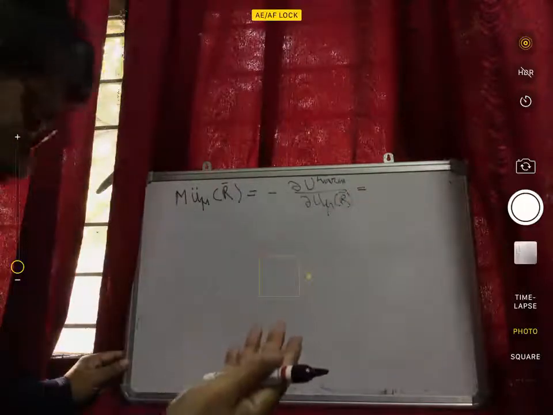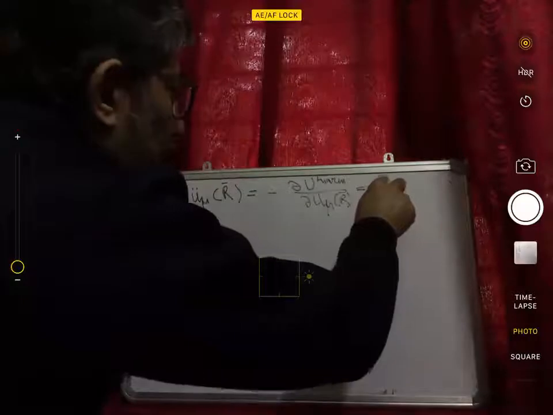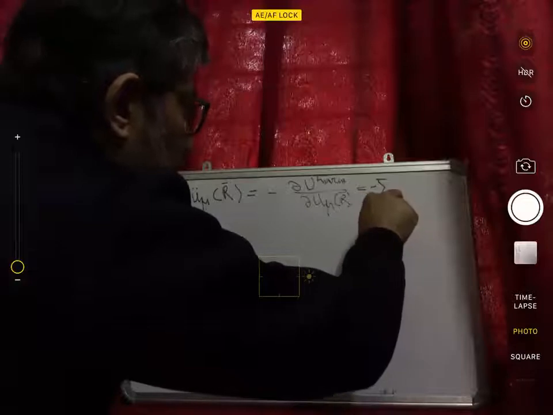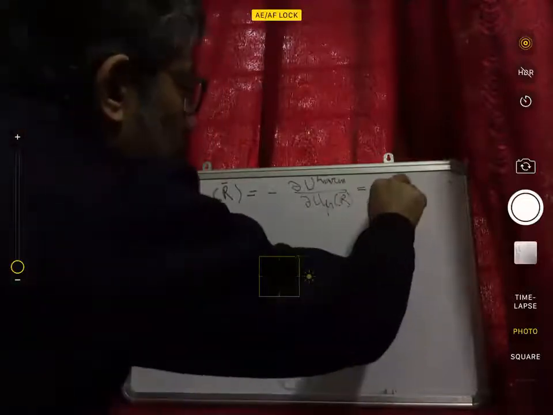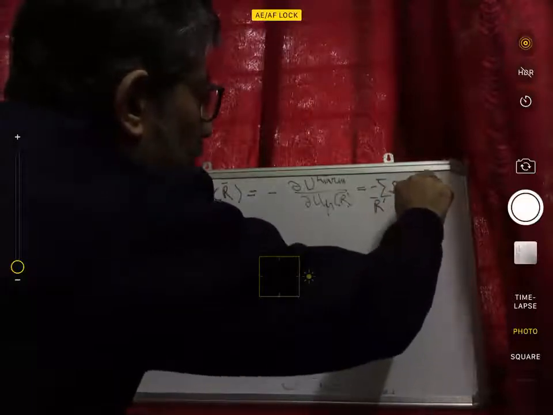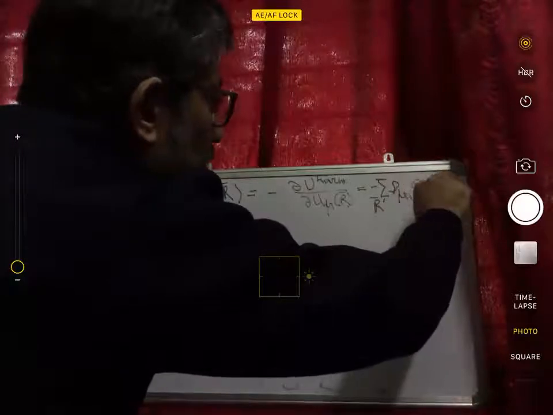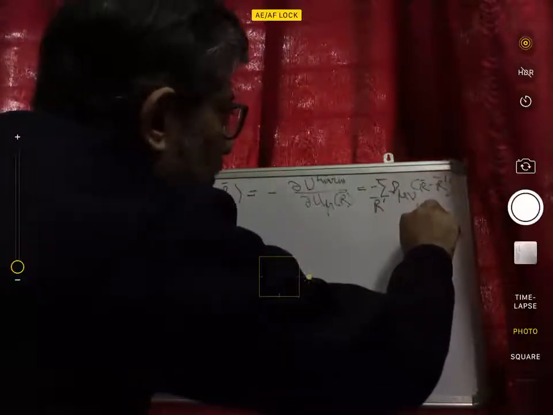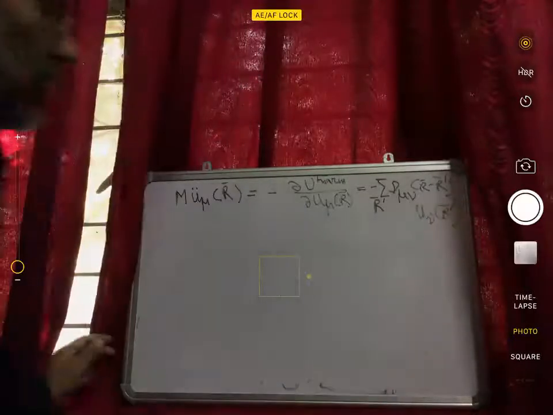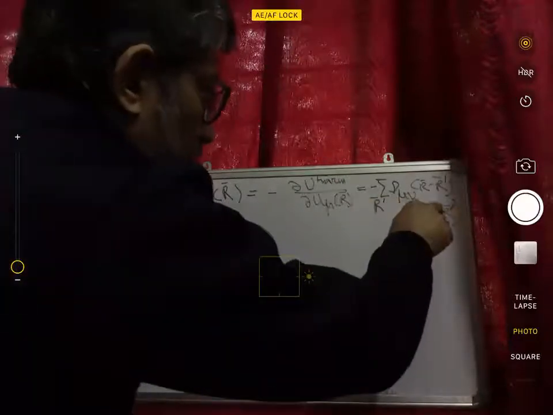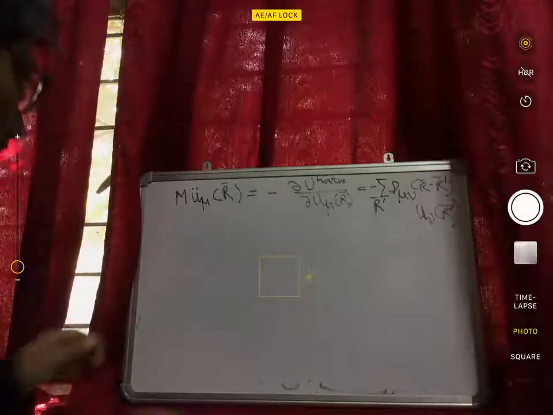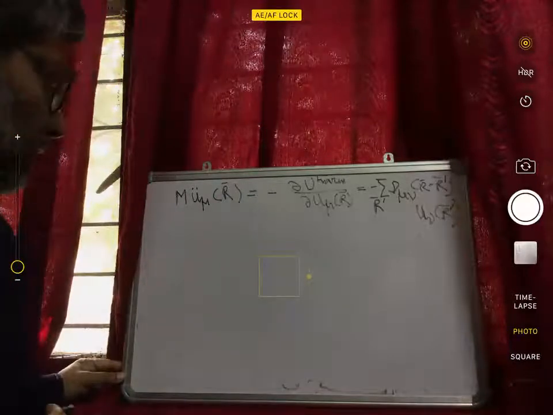And from the expression for u harmonic that we wrote, we can write this as a sum over r primed. So that is for the component.